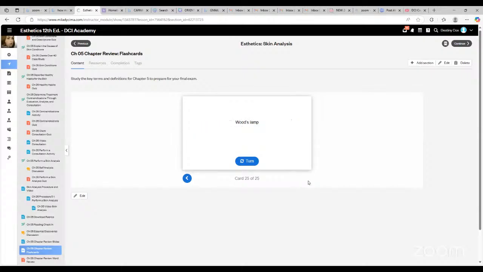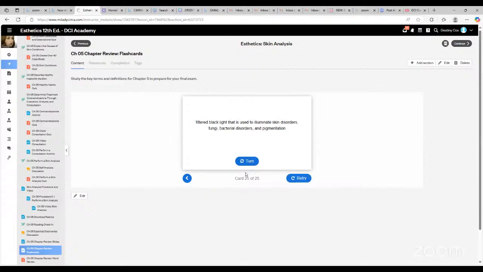All right, and last but not least, we're looking at Wood's lamp. The Wood's lamp itself is a tool that you can put over the face. You don't touch it, but it works with complete black light, okay? Based on the colors that you see when you look through the lamp, it tells you what's going on with the skin. So it just gives you a little bit more confirmation.